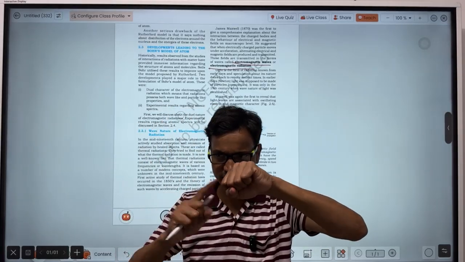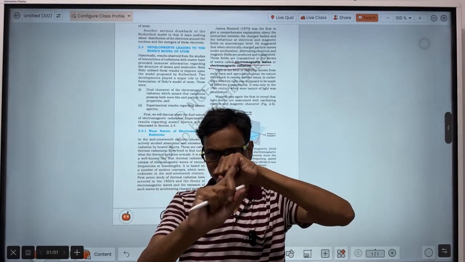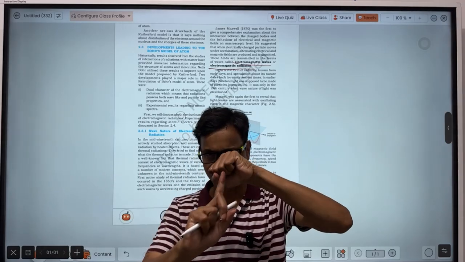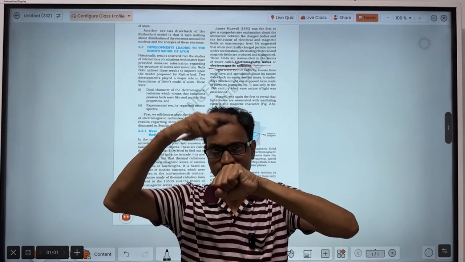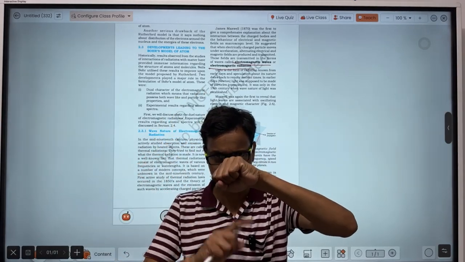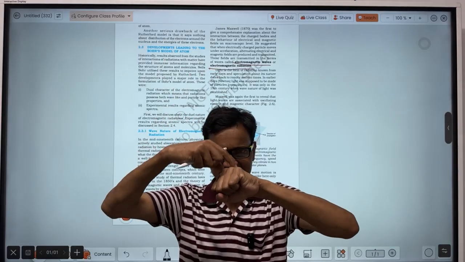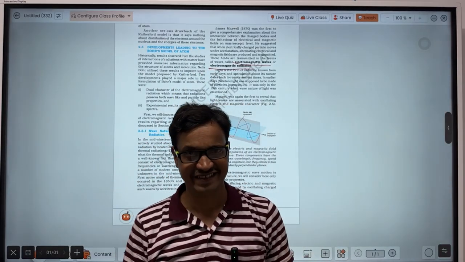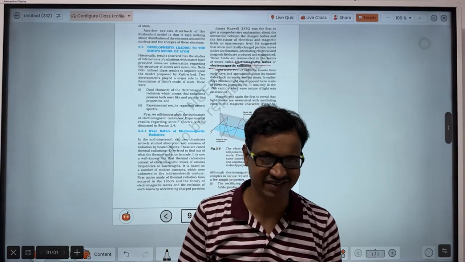So when the electric field oscillates in this direction and the magnetic field oscillates in this direction, then perpendicular to this and this, that is this one or this one, the wave originates, and that wave is called an electromagnetic wave. An example is the light wave.